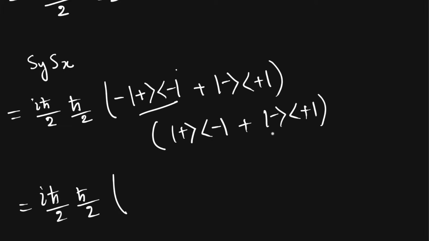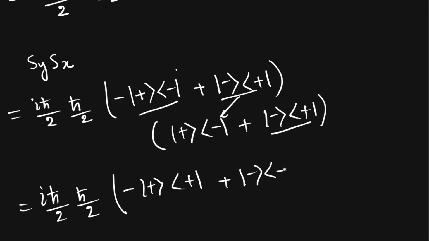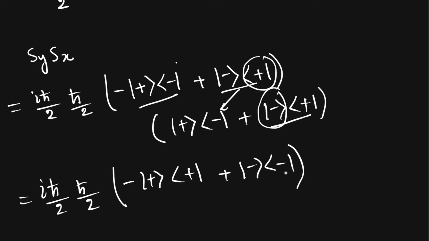This times this will give 1, that means plus plus. Now this times this term will give 1, that means minus this term, since plus minus will give 0, that means only these two terms survive.